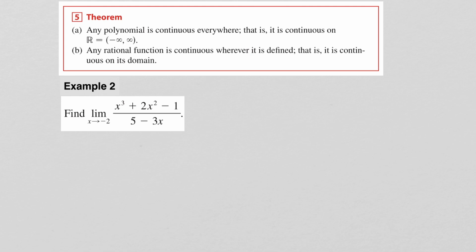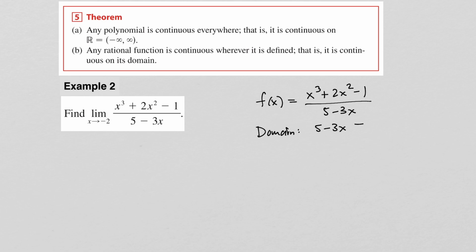So for example, down below here, find the limit as x approaches -2 of this function. Please note that this is a rational function. And so if I wrote down f of x is equal to x cubed plus 2x squared minus 1 over 5 minus 3x, the domain of this function is 5 minus 3x cannot be 0, right? The only issue you get from a rational function is if you divide by 0.